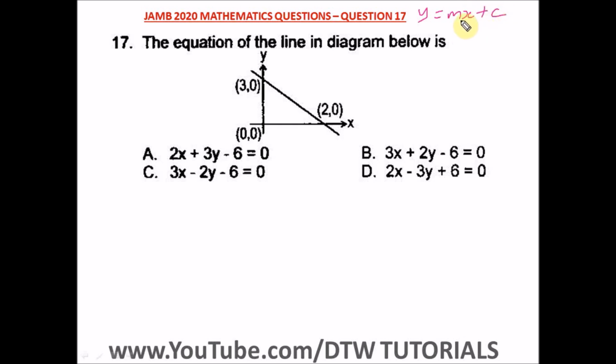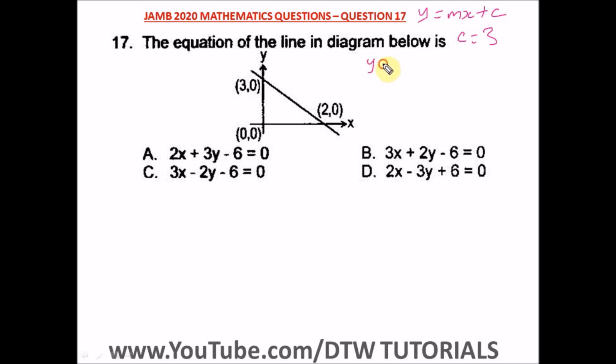And looking at our y-axis, which is this, and our x-axis, which is this. Now, what do we say our c is? Our c is where the line crosses the y-axis, which is this. This line crosses the y-axis. Therefore, our c is equal to 3.